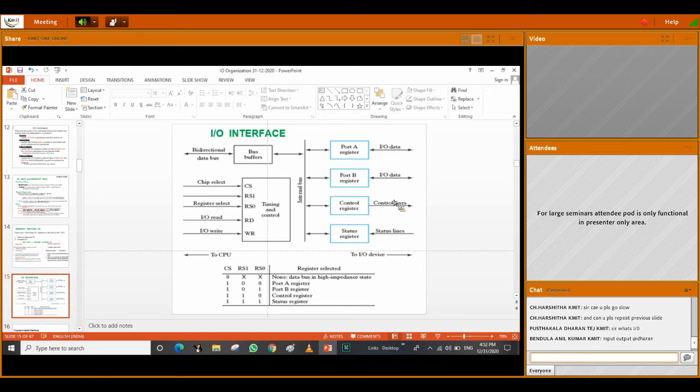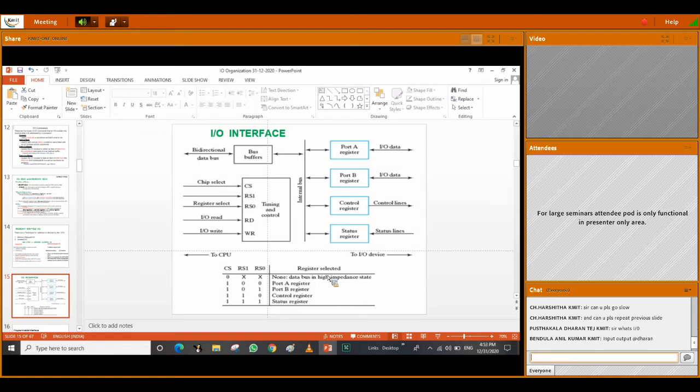Coming to this IO device, it has a port A register, port B register, control register, and status register. The port registers hold the data from the peripheral devices.